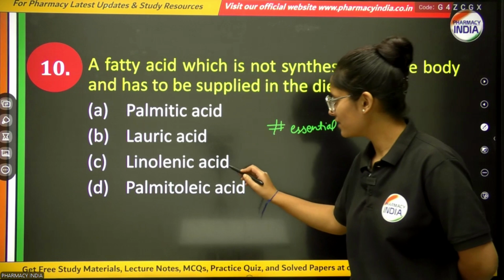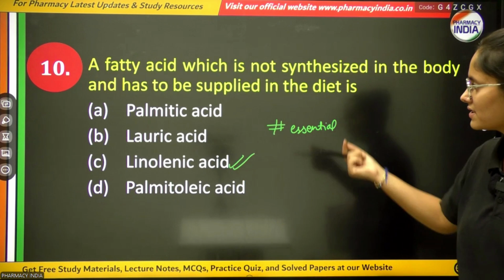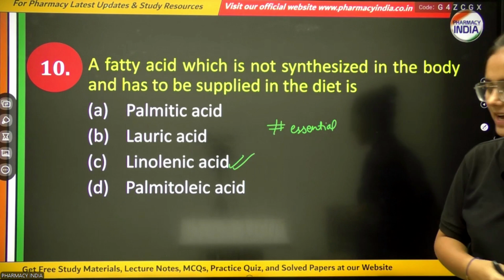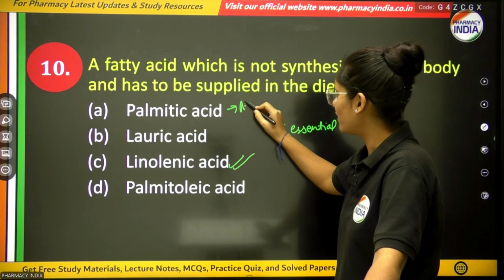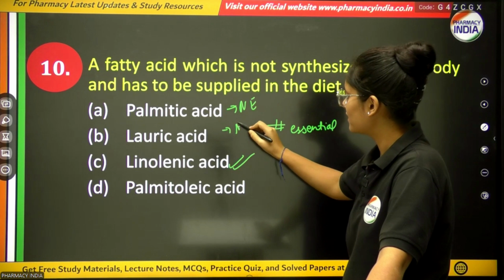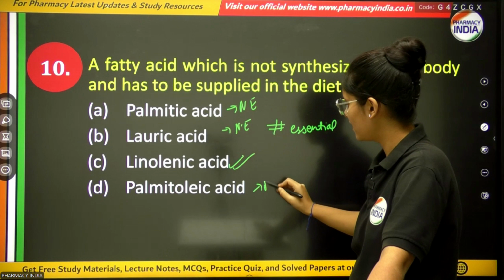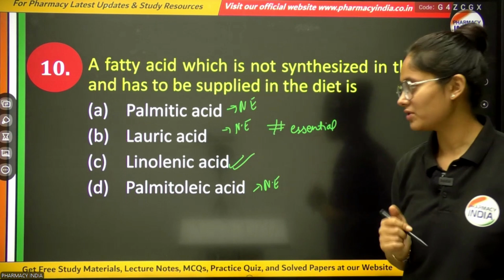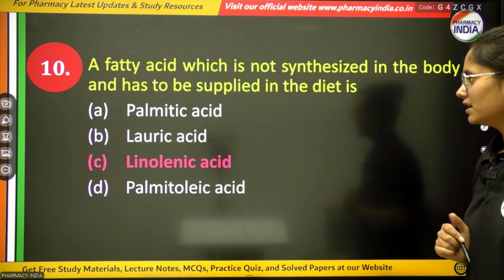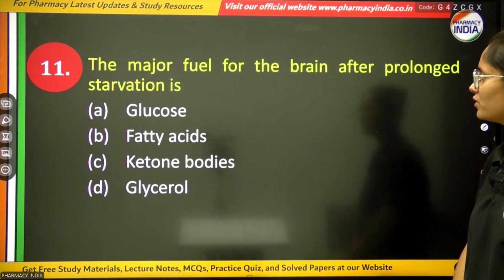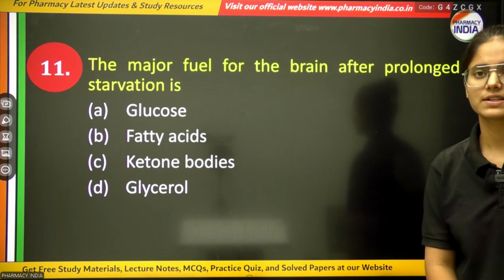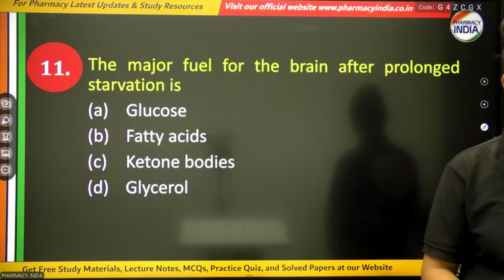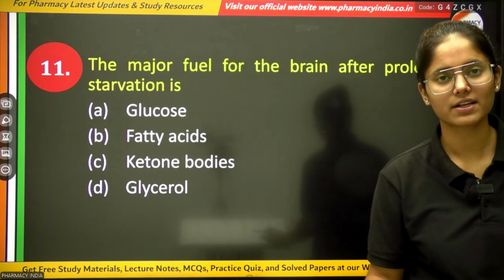So the correct option will be linolenic acid. It is very obvious. Palmitic, lauric and palmitoleic acid, these are non-essential. Clear? Similar to amino acid.